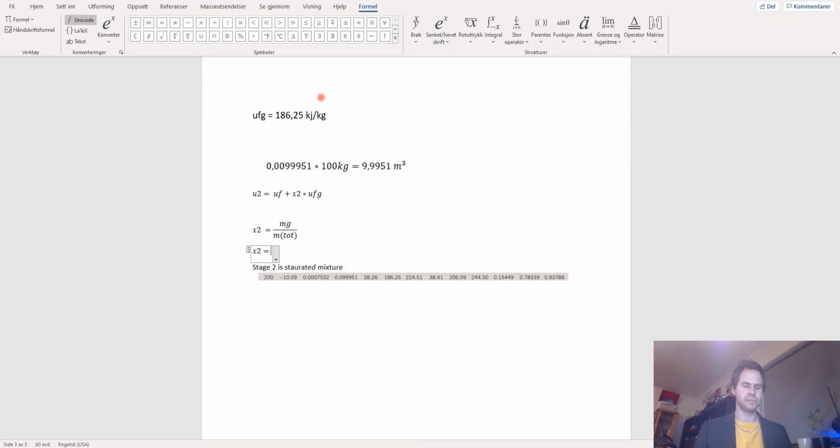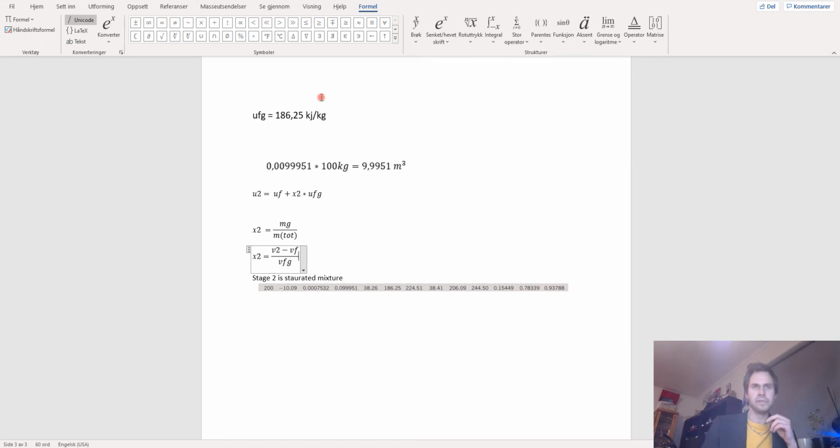Vf divided on V2 minus Vf, and divided on Vfg. Vfg is the same as Vg minus Vf. Let's write this again, just for structure. Vg minus Vf. That's it.